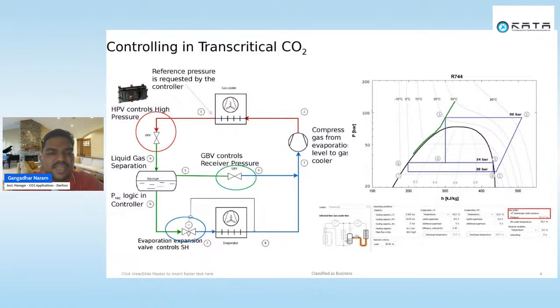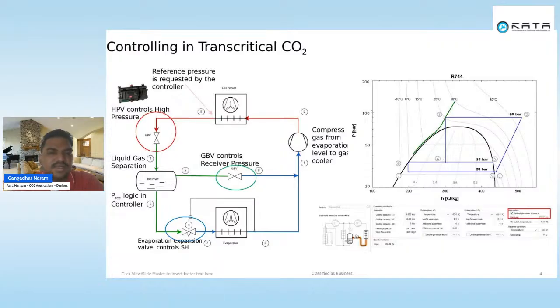Since it has very high pressure, 90 bar, if from this point I directly use one expansion valve and drop straight to my evaporator pressure, the line will be a straight line to here. By doing that, I will lose so much energy. That is the first thing, and at the expansion valve outlet there is so much flash gas formation. That flash gas formation makes a very inefficient system design.